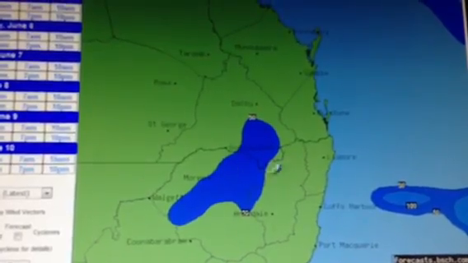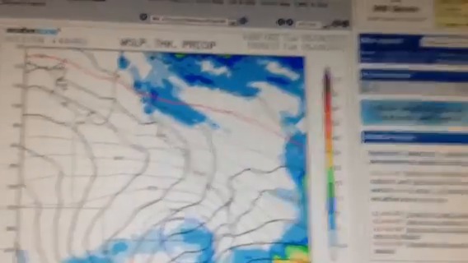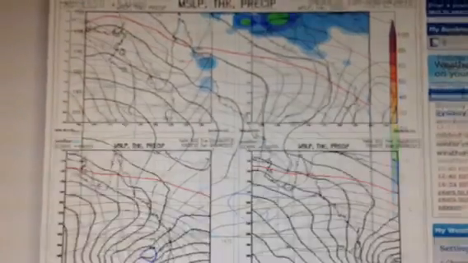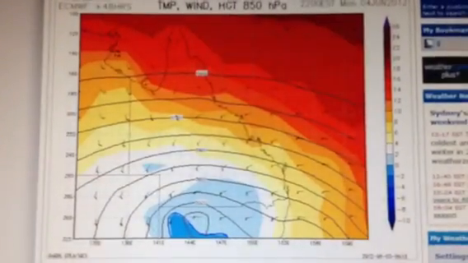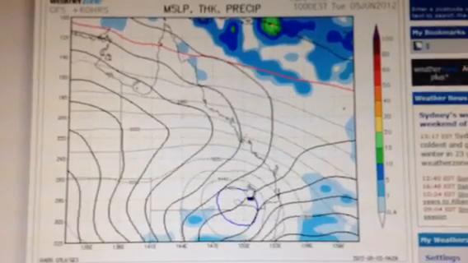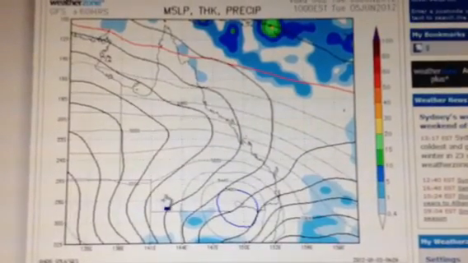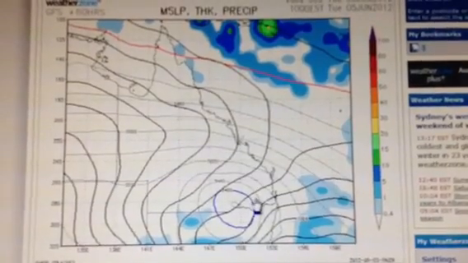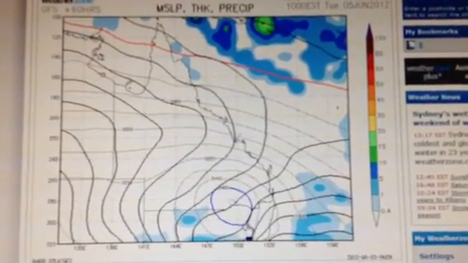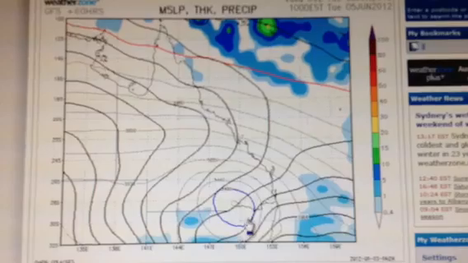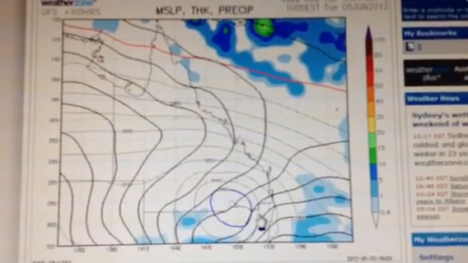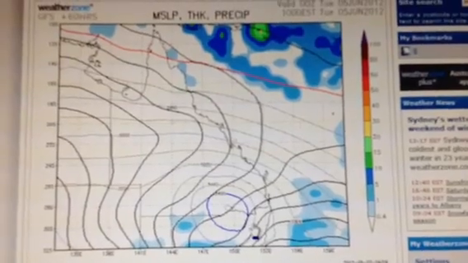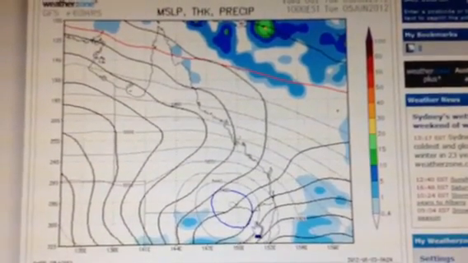The models will chop and change, but given the amount of agreement through the model runs to show that that cold pool is there, I'd be happy to head off down to one of the ranges and highlands around the Granite Belt, and particularly Northern Tablelands of northern New South Wales, and expect to see some sleet, grapple, and ultimately snow.